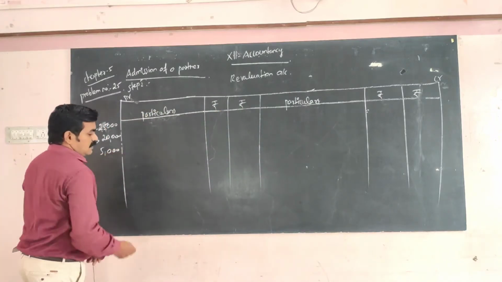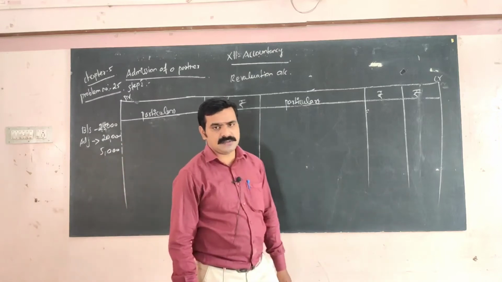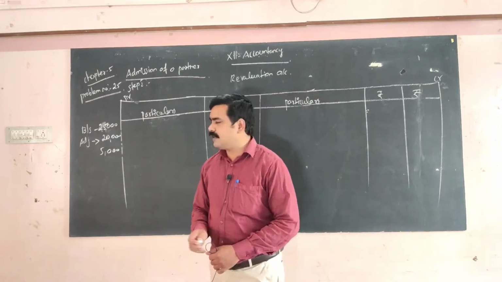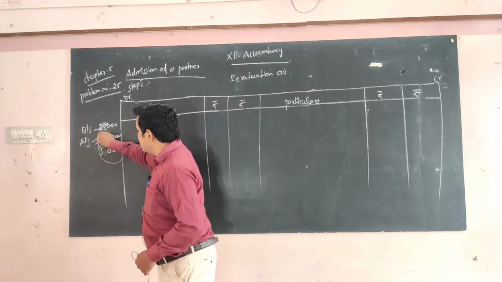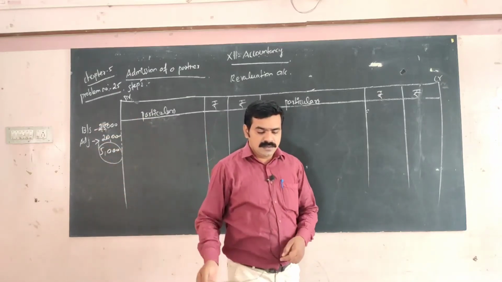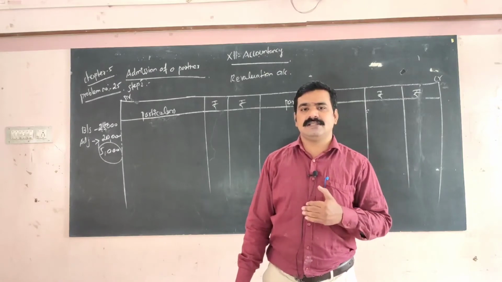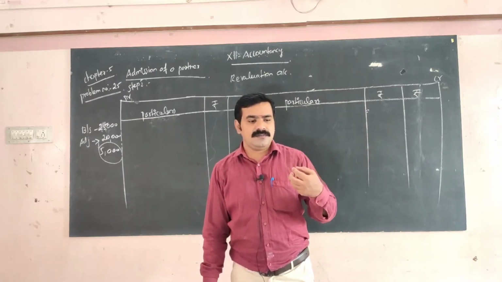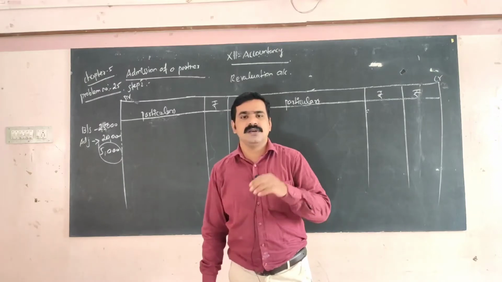So what is the difference amount? That is 5,000. In this case, we have to take that 5,000 in the revaluation account. So the amount is decreased.